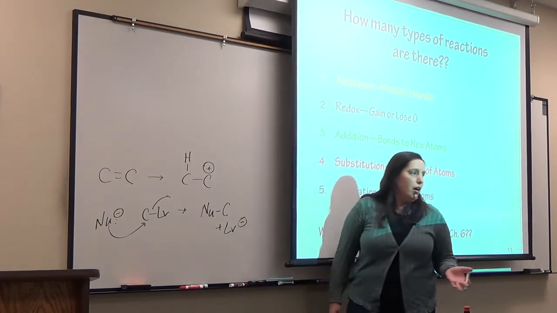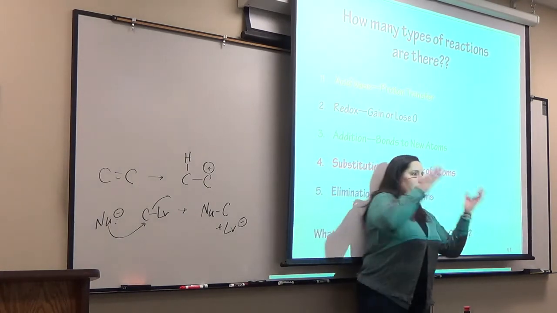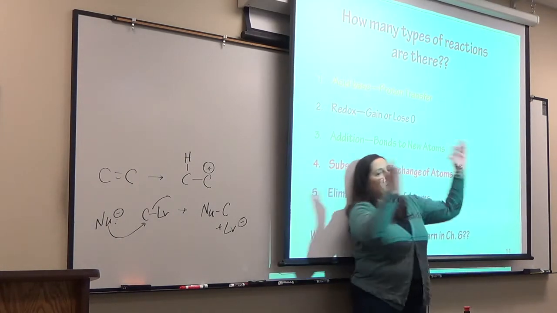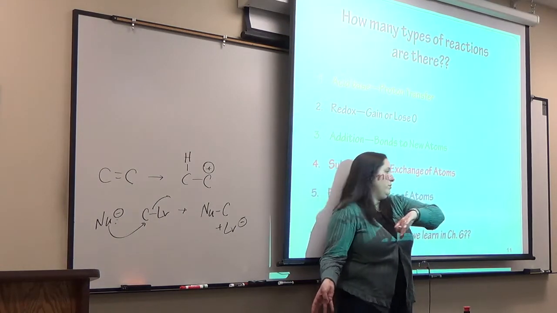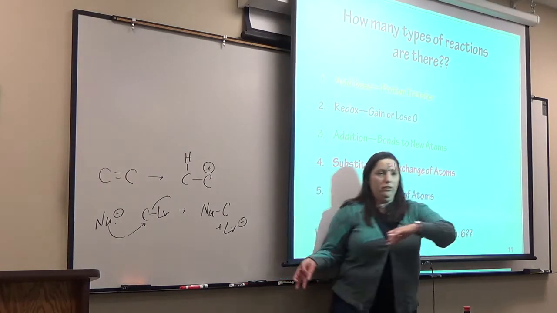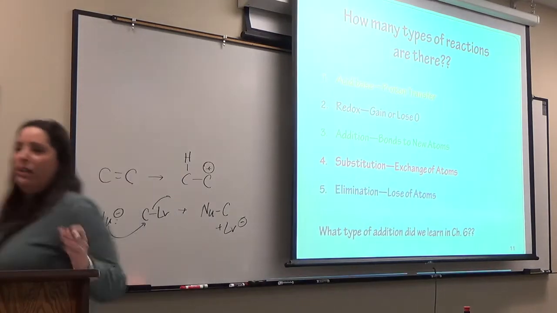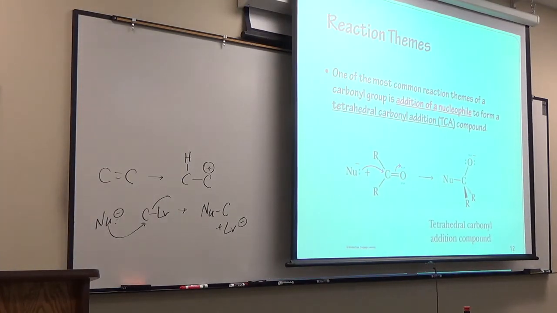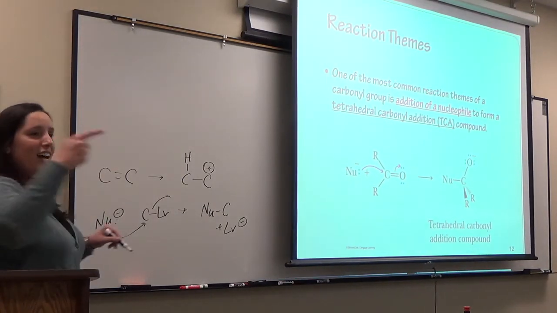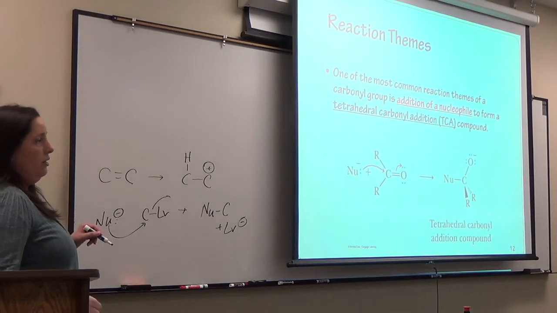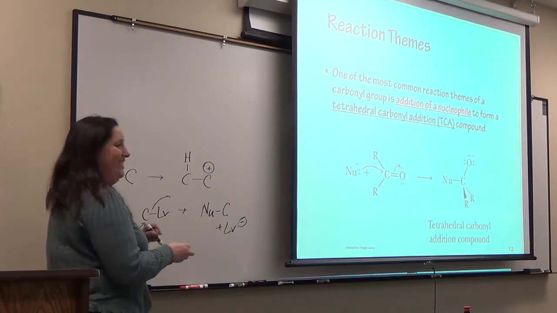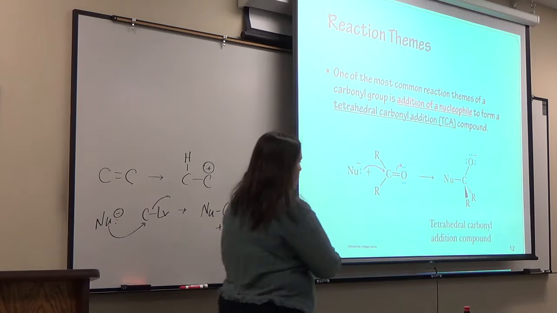So we've done electrophilic addition, and we've done nucleophilic substitution. Guess what we're going to do today? Mishmash the two together. We're going to do nucleophilic addition. Okay? So that's the new reaction.